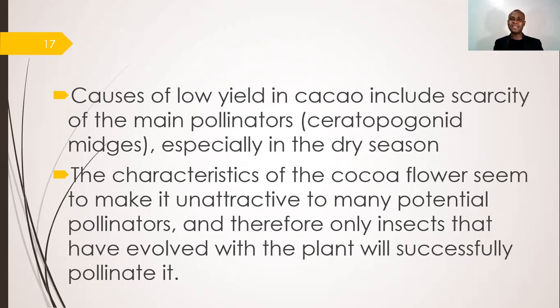Usually, because of evolution, the cacao has evolved with this kind of insect, the midge, and because of that, they are always in the cacao, and they have the capacity to enhance pollination on the farm.